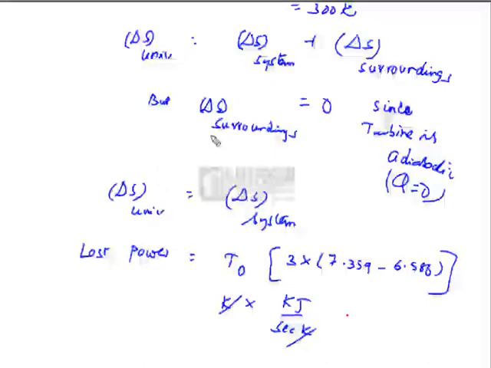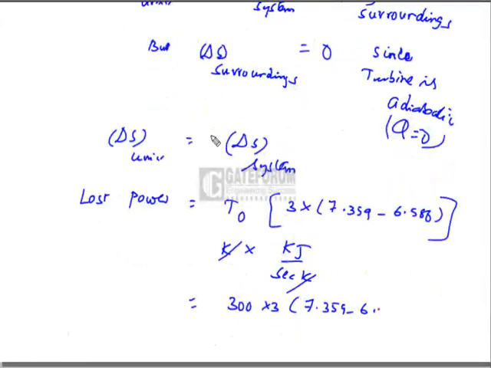K gets cancelled. Lost power is 300 into 3 into (7.359 minus 6.586) kilojoule per second, or kilowatts. This is the solution for the problem.